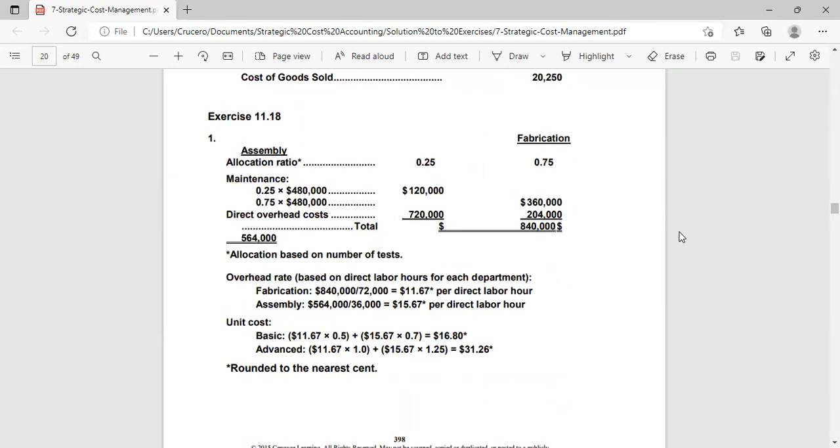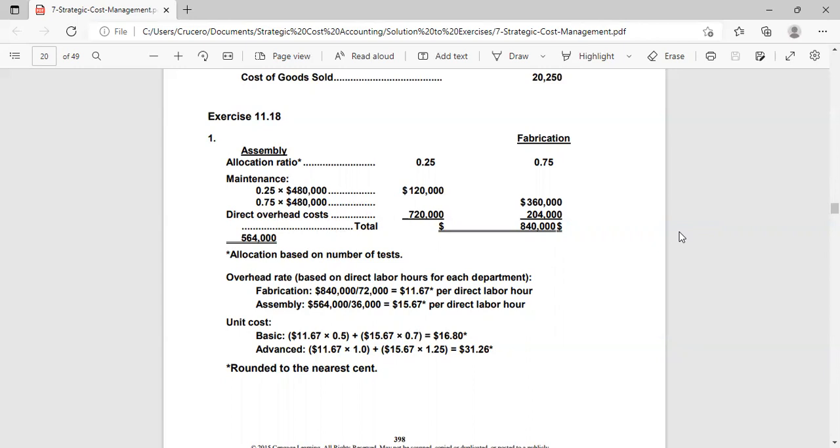Exercise 18. Here, the requirement: allocate the inspection cost to each department and compute the overhead cost per unit for each monitor. Overhead rates use direct labor hours. Now, the company produces 2 types of glucose monitors, basic and advanced. Both pass through 2 producing departments, fabrication and assembly.